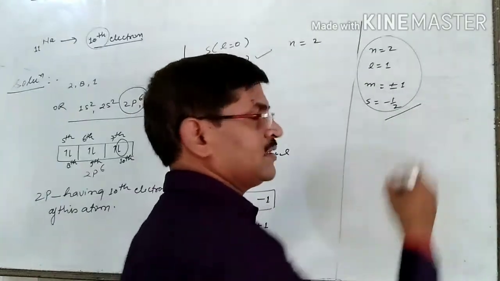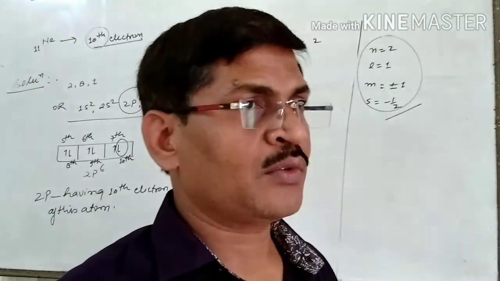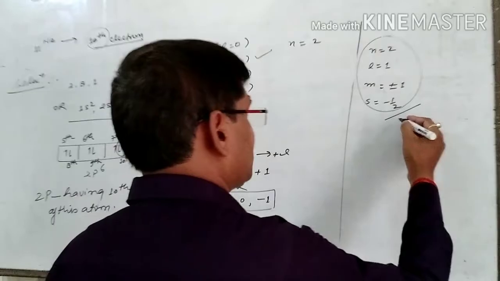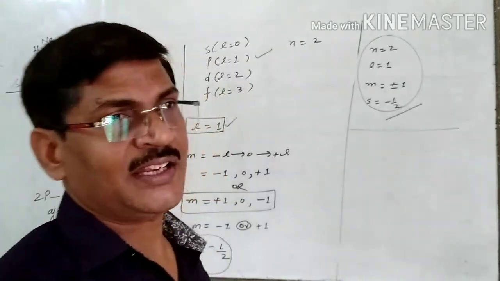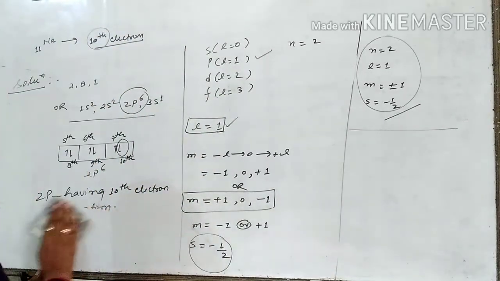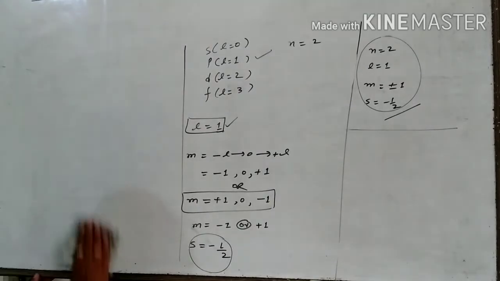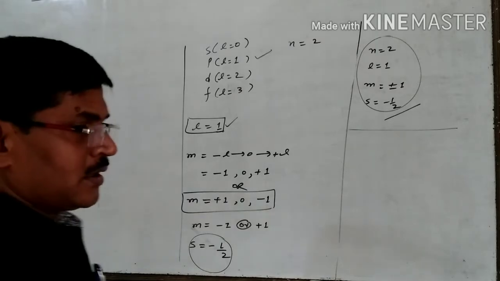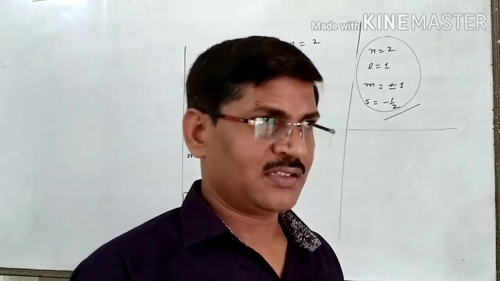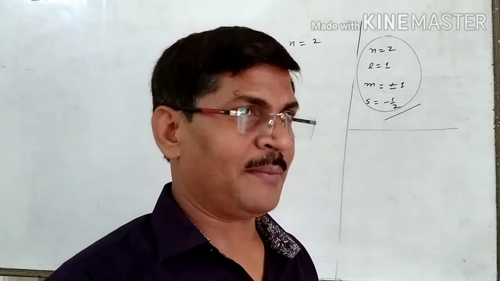In this way, suppose that an optional question is given and you have to find the option out of 4. So easily you can tally and tick mark the option. Suppose the complete configuration is not given, only a short configuration is given, and then find out a set of quantum numbers for a particular electron.